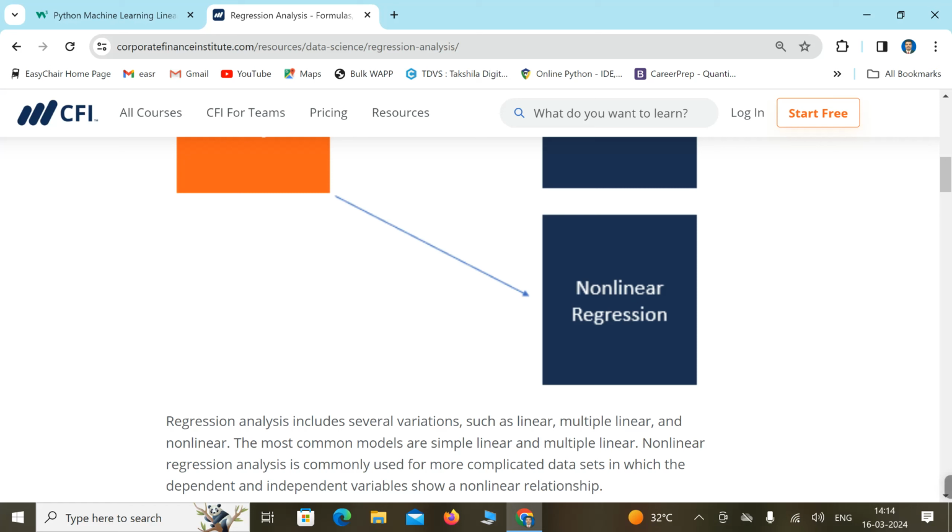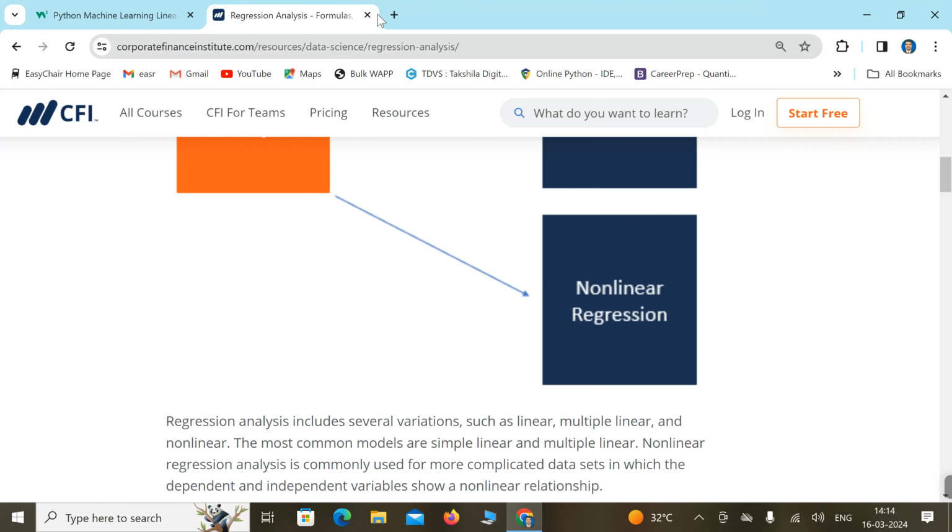This non-linear regression may use either an elliptic or parabolic or any feasible, properly definable curve, but there is no hard and fast rule stating that non-linear regression follows a particular formula. So this is the basic idea about regression analysis.